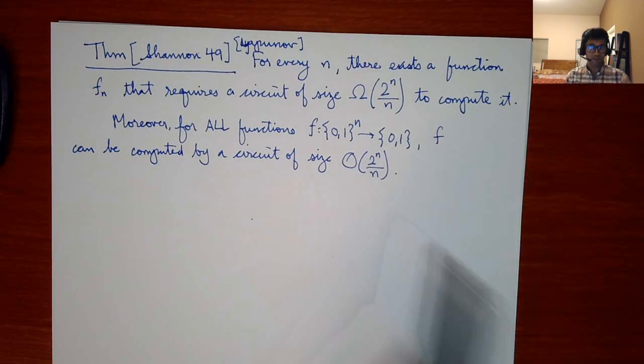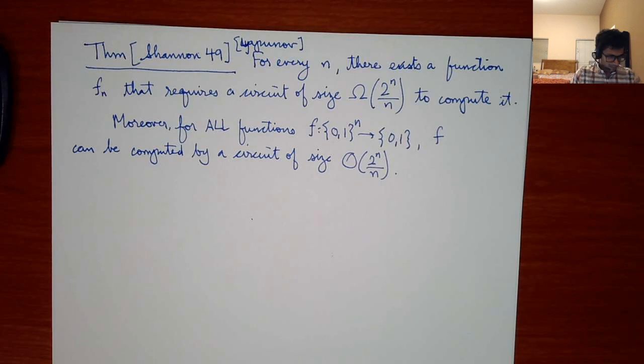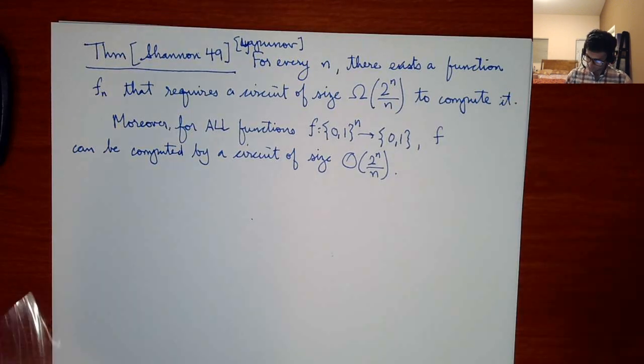This is a non-trivial improvement because getting a circuit size of 2^n is actually quite easy, but 2^n / n requires some cleverness. All right, any questions about what this theorem means? Like, what is the theorem statement?